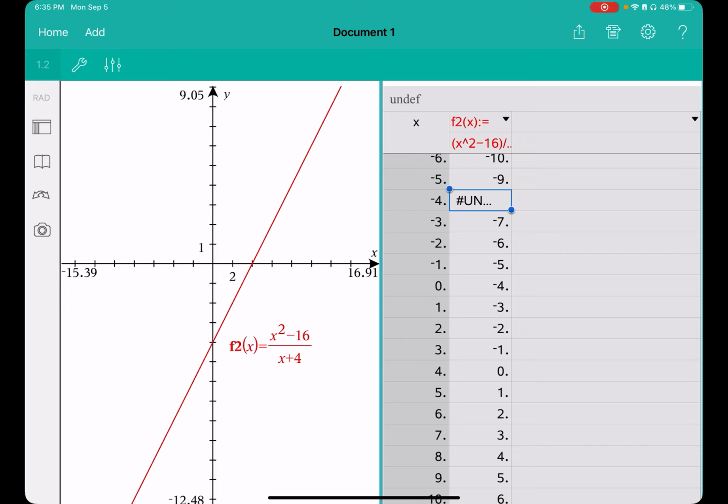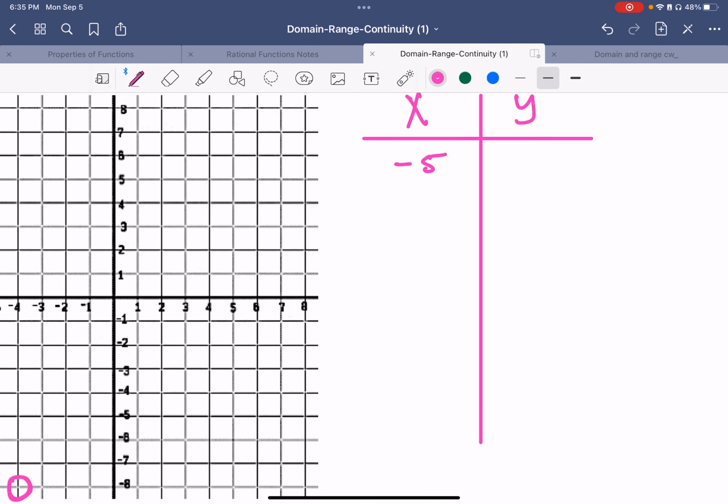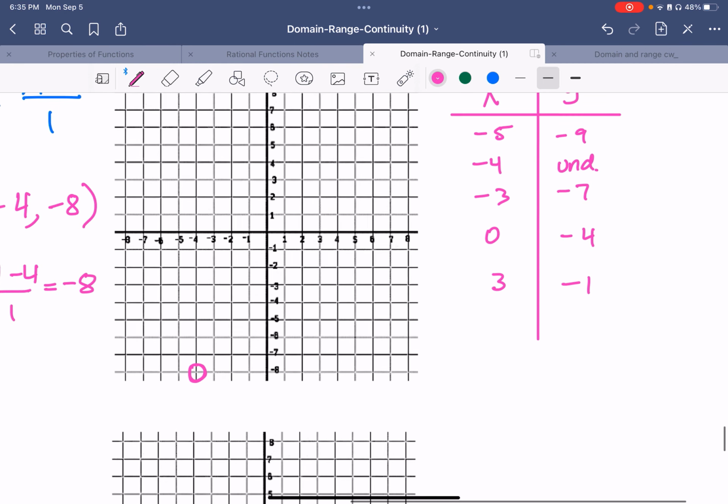And then notice that they're just going up by ones. So we'll just copy this on our notes. So I can have negative 5, negative 9, negative 4 is undefined, negative 3, negative 7. I'll just jump down to 0. I'm not going to put all these numbers. And then 3. I'll just put a few values on here just so I have an idea of what to plot.